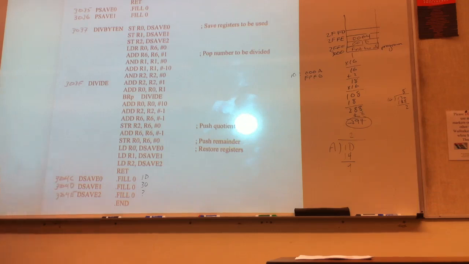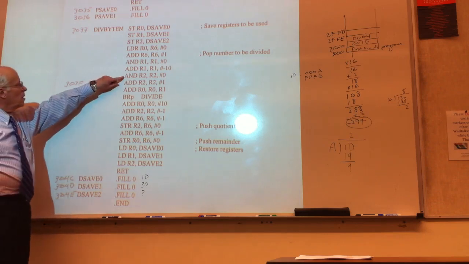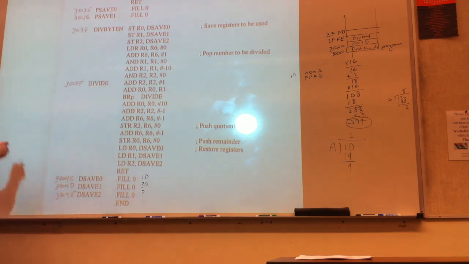So register 1 has this value in it. We clear register 2, and then we add 1 to it.